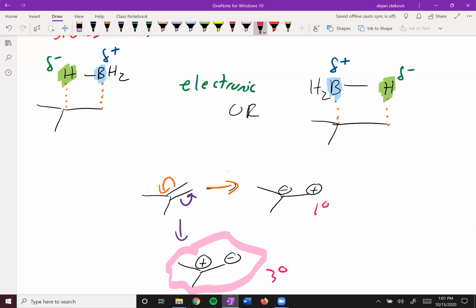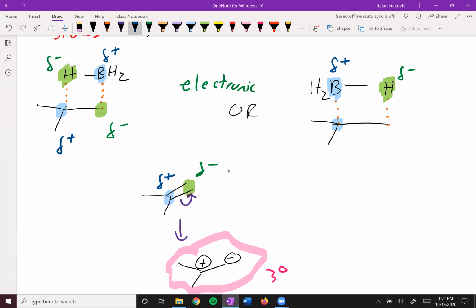And so when you're looking at this alkene, because of this better resonance structure, this carbon over here is actually partially positive, and this carbon over here is partially negative, right? And so if we put those partial positive and partial negative charges over here, and then we remember that opposites attract, right?